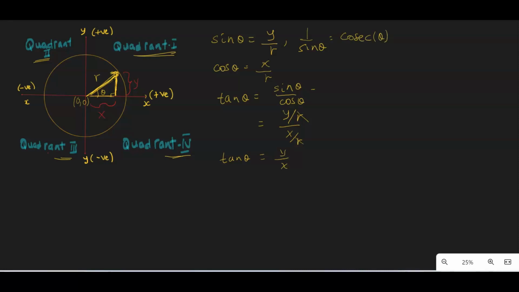Cosecant is designated by cosec of angle theta, which is r over y, that means hypotenuse divided by opposite side. The reciprocal of cosine, 1 divided by cosine of angle theta, is called secant, designated as sec theta. That means r over x.